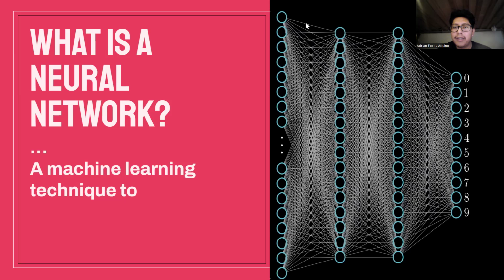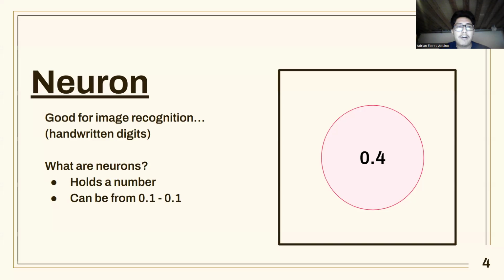On the image to the right, that's technically how the neural network would look, but I'll be going into detail talking about what each layer means, what everything means, just to give you guys a good understanding of what it is. So before getting started, I'll be talking about what a neuron is.